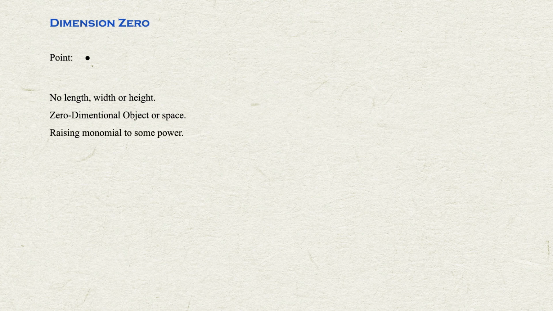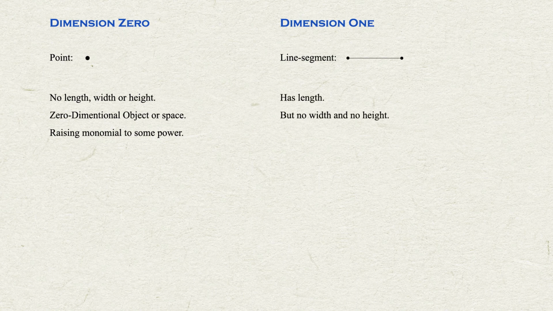Next, we think of a line as representing the one dimension. A line segment determined by 2 points has no width or height but does have a length. We will think of a row or slice of Pascal's triangle as being related to the first dimensional space. Therefore, raising a binomial to some power is related to the one-dimensional space.